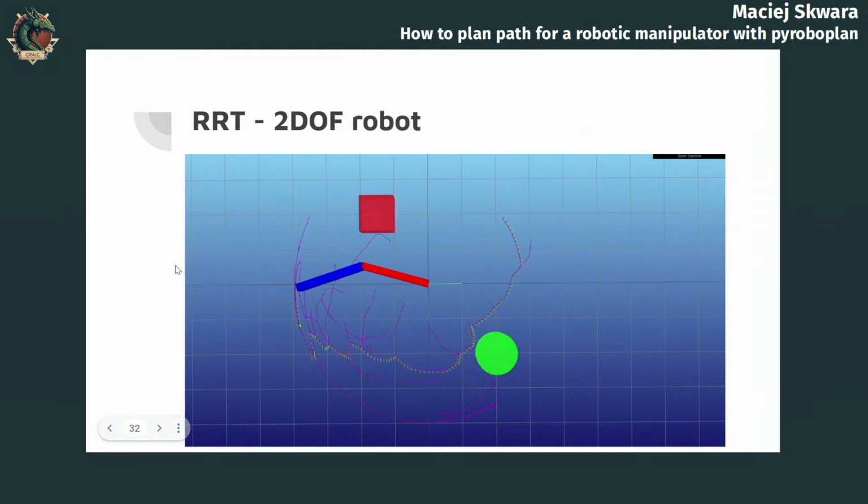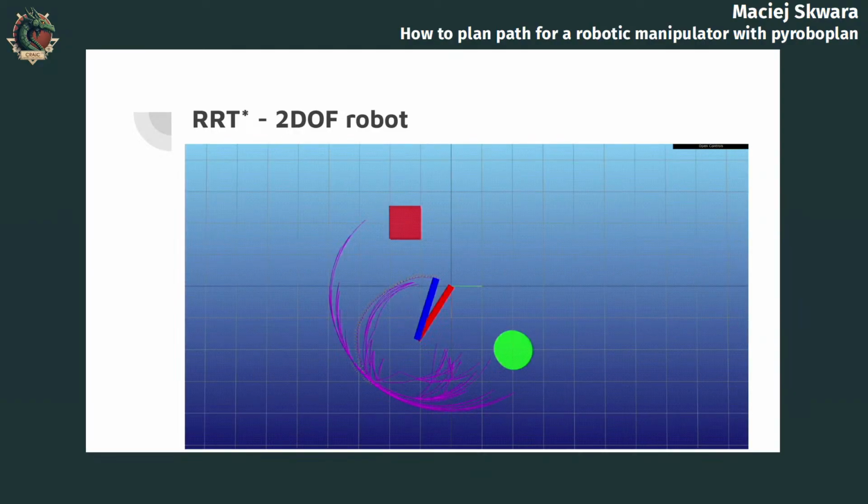Okay, so let's move to robots. First, a 2 degree of freedom robot, and this is how the RRT algorithm looks on that robot. And of course, we try to avoid these two obstacles. Okay.